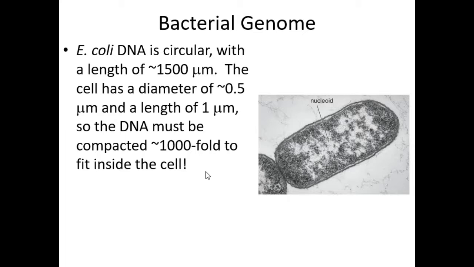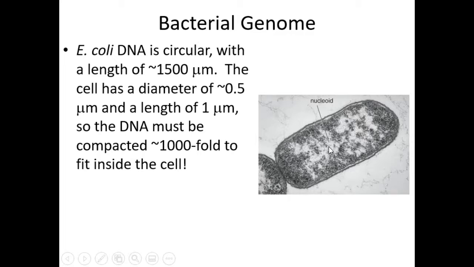For bacteria, E. coli DNA is circular with a length of 1500 micrometers. In order to fit this DNA into a 0.5 micrometer cell, they have to pack the DNA. Here you can see the nucleoid; these are the chromosome.